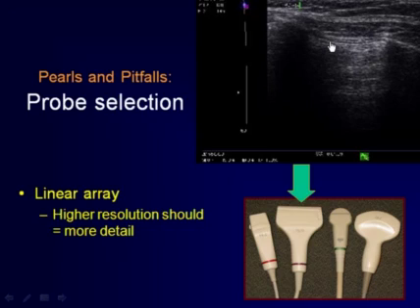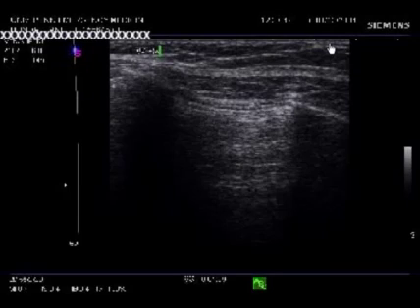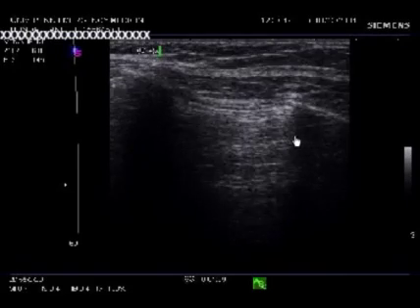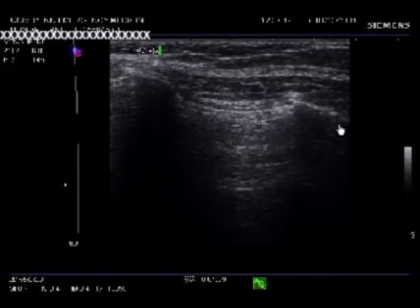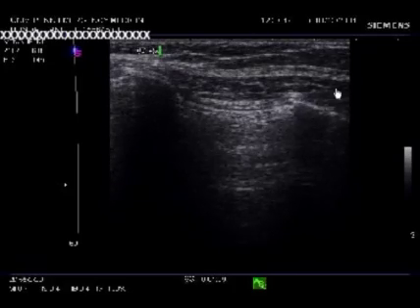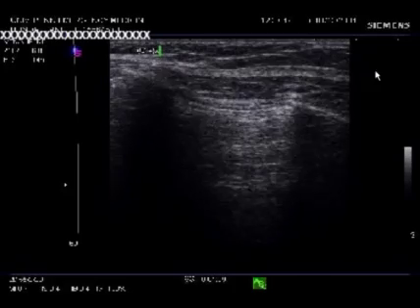And since this is a very superficial structure, the linear probe is well suited to that. Here is an image provided by a linear probe, which I think we've seen before, of absence of lung sliding right in here, and a somewhat pixelated image.